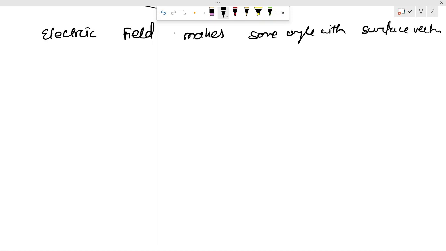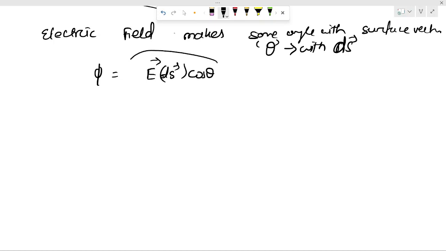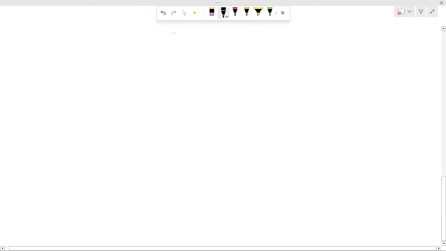Let us say it makes an angle theta with the ds vector. So I will write it like this: E ds cos theta. I will have to take the component along the perpendicular direction, that is cos theta.